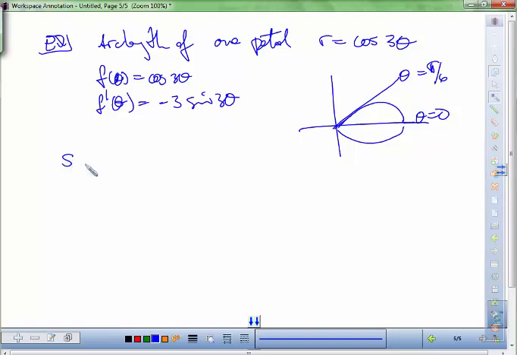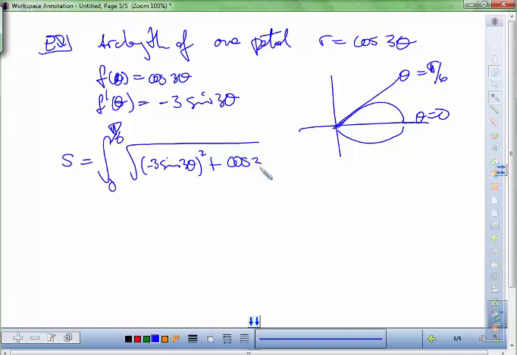So the arc length is going to equal the integral from 0 to pi over 6 of the square root of f prime, minus 3 sine 3 theta squared, and then f, cosine 3 theta squared, d theta.